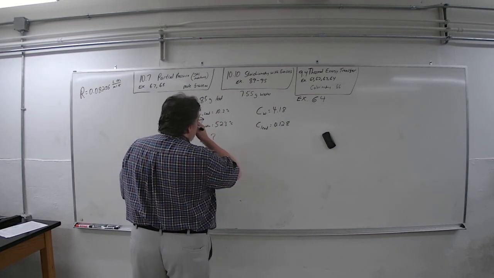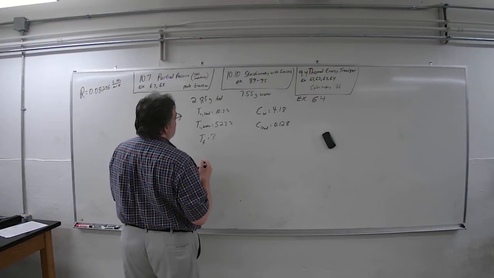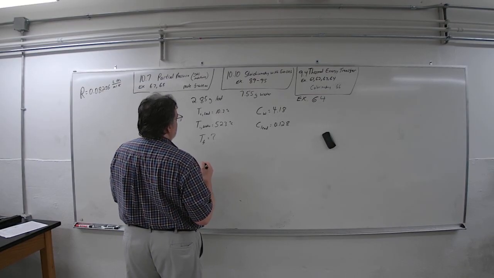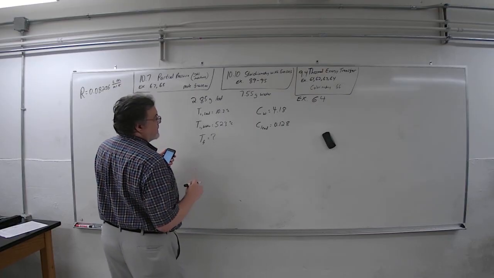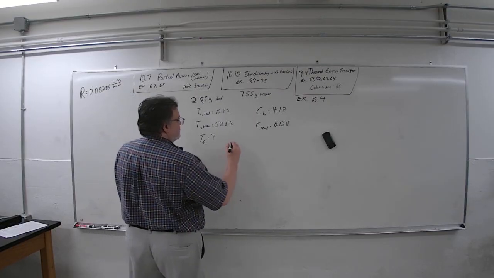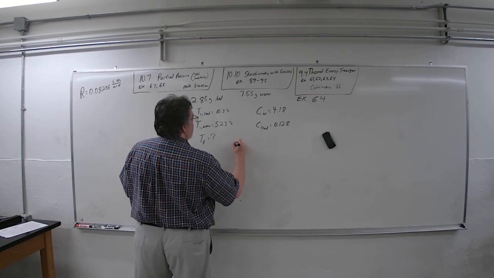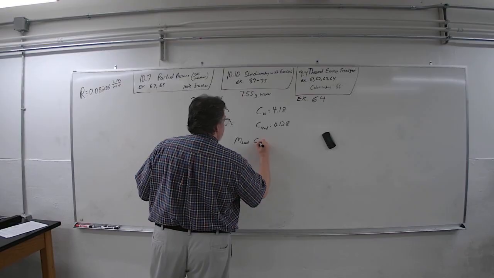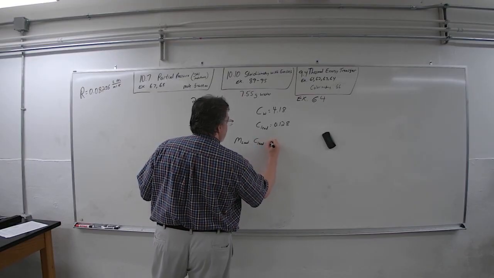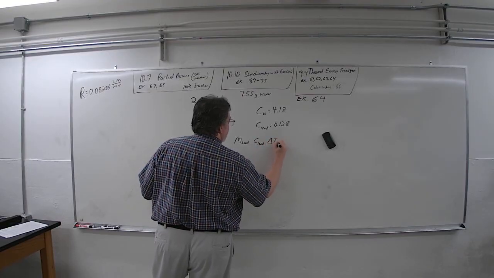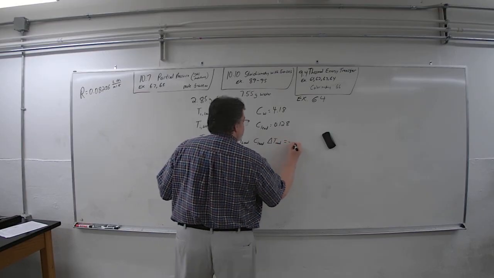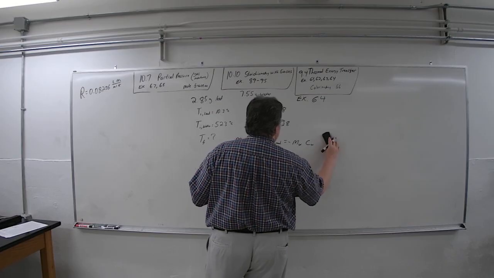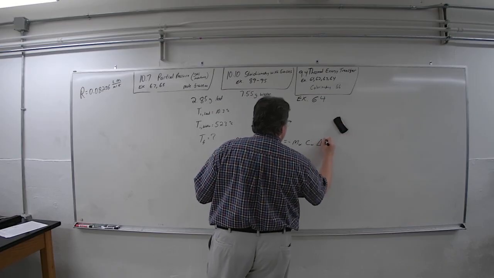So we can solve for the delta T, and then we can find the final temperature that way. So mass of lead, Cp for lead, delta T for lead equals the negative of mass of water, C for water, delta T for water.